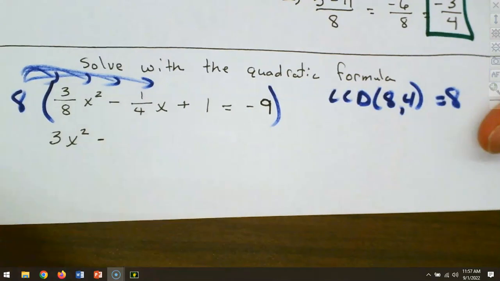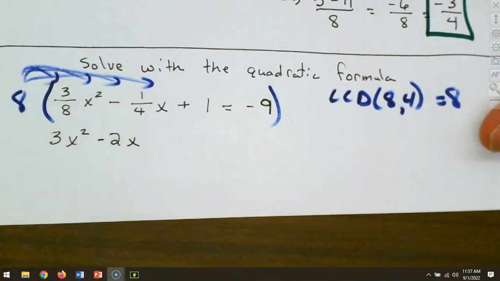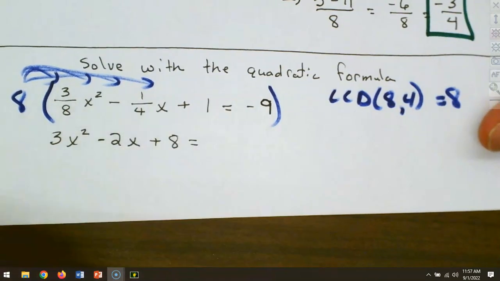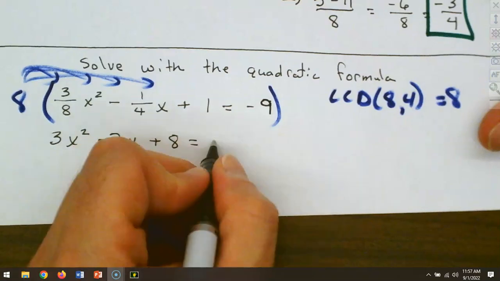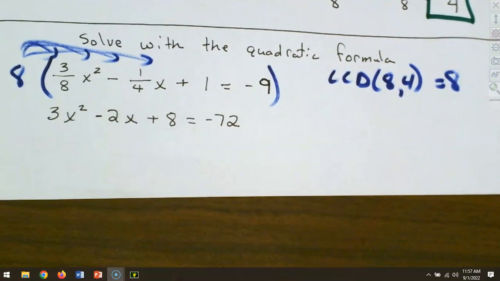Negative is on the next piece. 8 divided by 4 is a 2, times that negative makes it a minus 2x. 8 times 1 is an 8, and don't forget the other side. 8 times negative 9, well, that's a negative 72. Right, you have to do it to all of it.